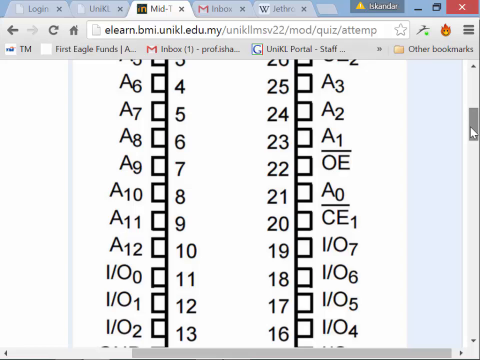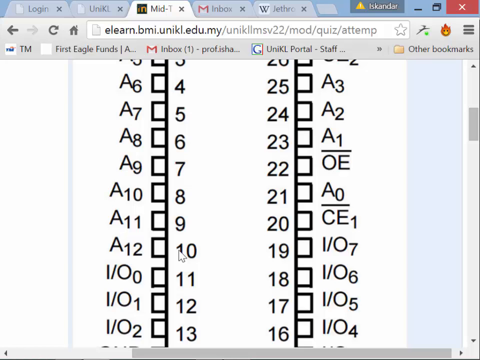So you have to be able to do that. Again, I have no idea what chips I'm going to use. Don't expect it to be these same chips, but expect a problem that's going to be similar to this. This particular chip has A0 through A12. That's 13 address lines.